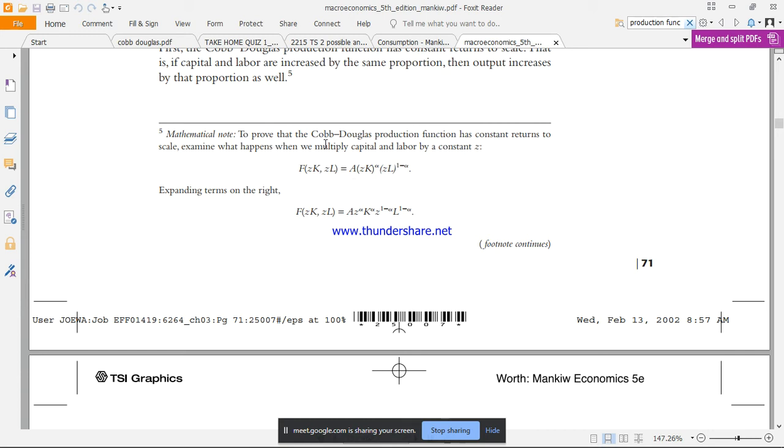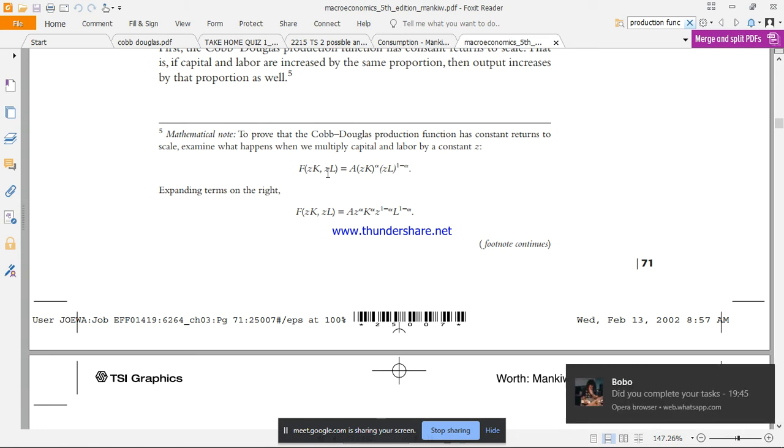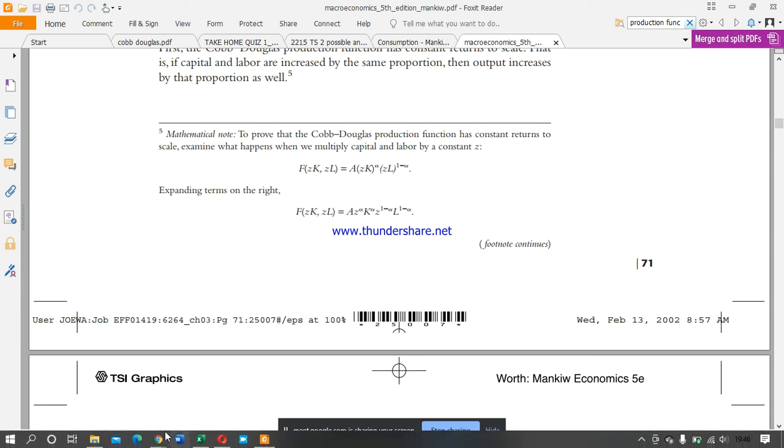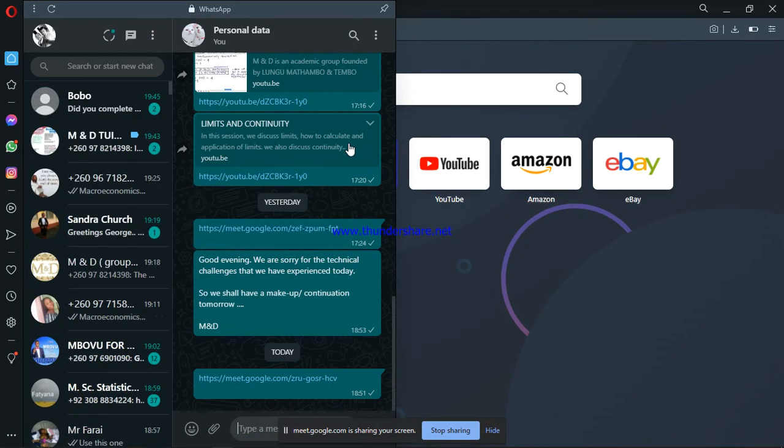Okay, to prove that the Cobb-Douglas production function has constant returns to scale, let's examine what happens when we multiply capital and labor by some constant z. So we are multiplying z by K, then z times L, increasing capital and labor by the same amount z.